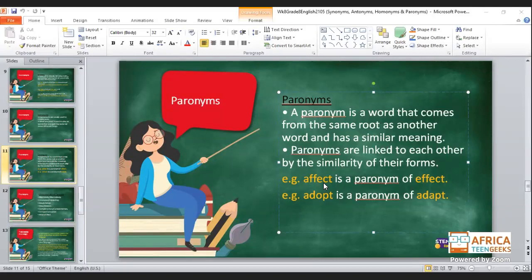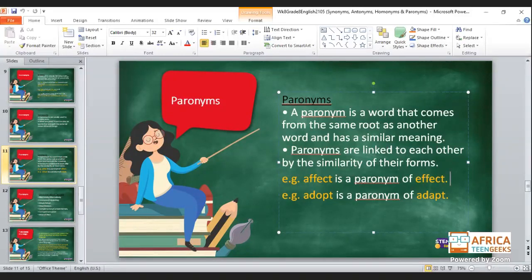It almost means the same as effect. Let me give an example. The smoke can affect you. The smoke can have an effect on you, right? So I've literally said the same thing.